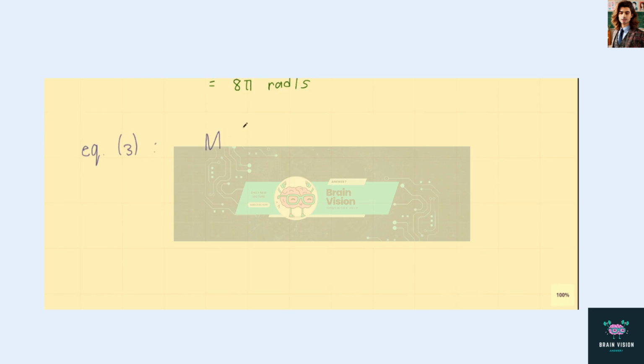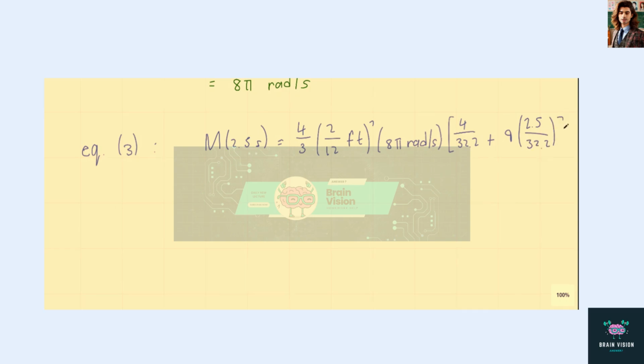We get that the couple M, which we wish to solve for, into 2.5 seconds is equal to 4/3 into 2/12 feet squared times 8 pi radians per second into 4/32.2 plus 9 into 2.5/32.2. And from here, we can simply rearrange and solve. We just have one unknown.